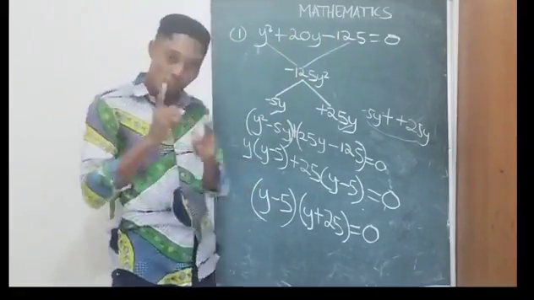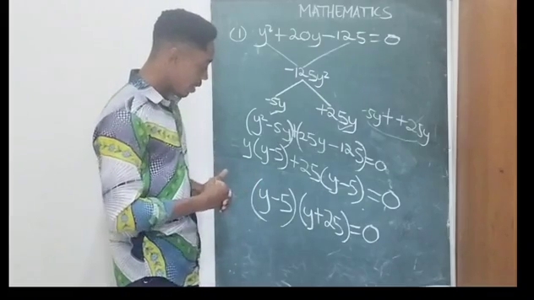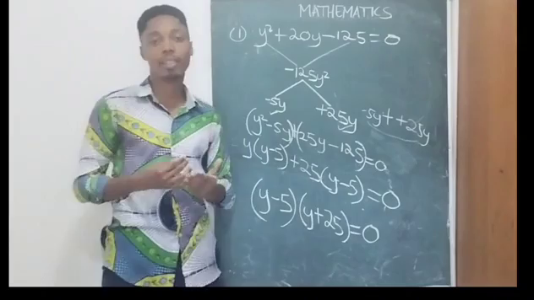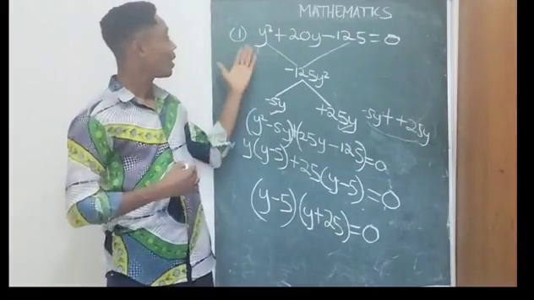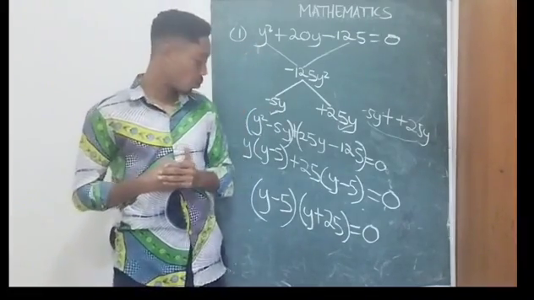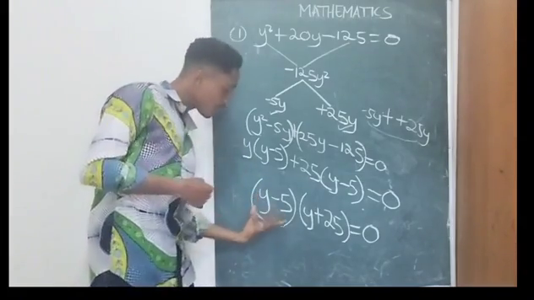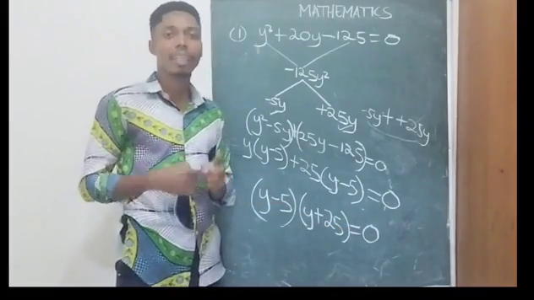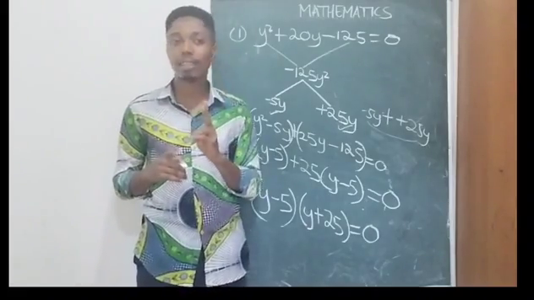We are almost done, but in solving a quadratic equation, we must arrive at two answers. So how are we going to go about that? This term times this term gives you 0. This gives rise to two possible answers.